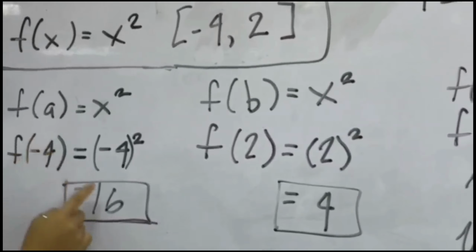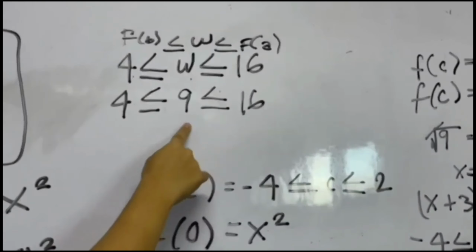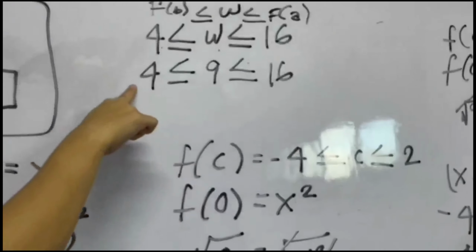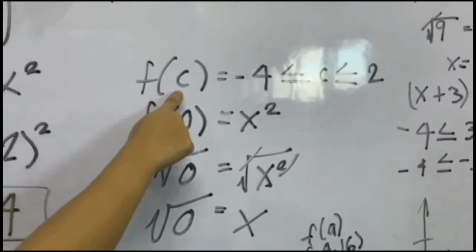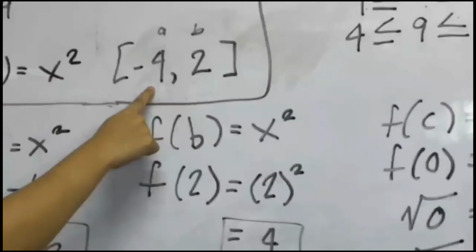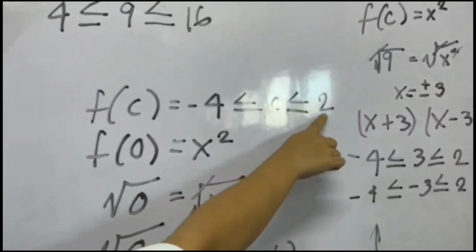This proves that w is right, since 9 is between 4 and 16. Here we have f(c) equals 9, with the interval -4 less than or equal to c, and c less than or equal to 2.